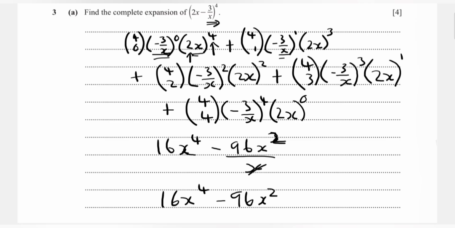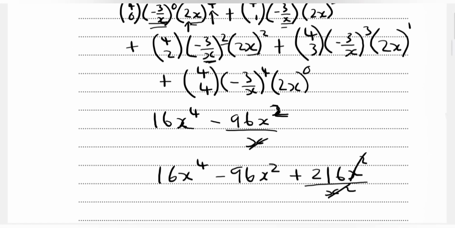And for the next one, it's 4 choose 2 times our minus 3 squared, that's our 9, right? Times our 2 squared, that's our 4. So we're getting plus 216, but you know that this x is being raised to the power 2, so that's this x squared over x squared, and these will cancel out like that to leave us with just the 216, right?